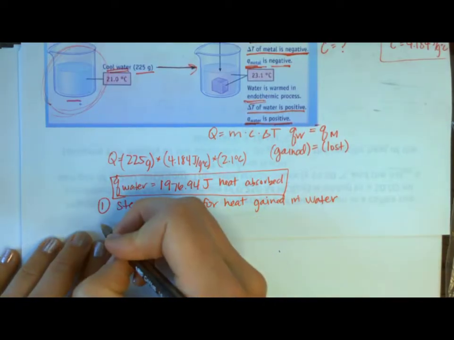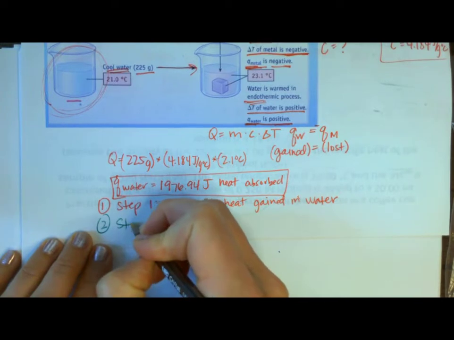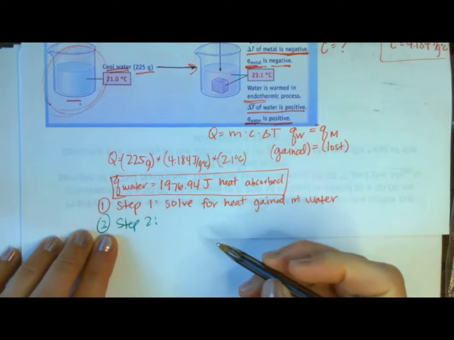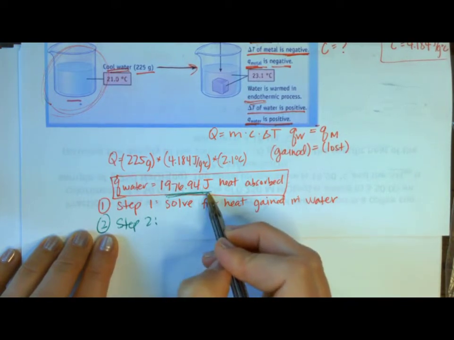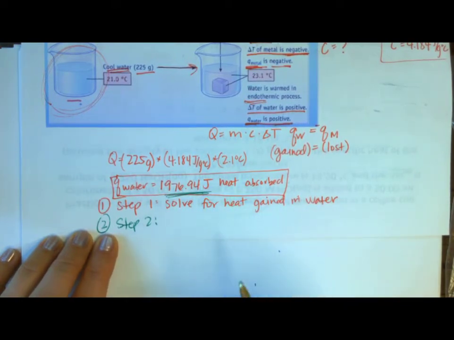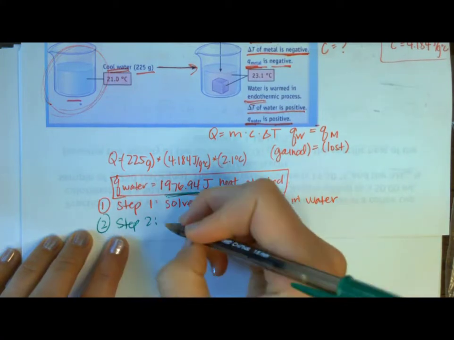So now let's think what we need to do for step 2. We need to use this Q that we just solved for to solve for the specific heat of the metal.